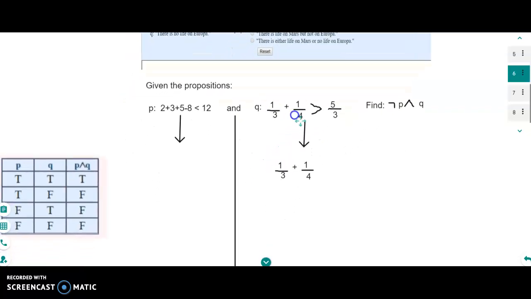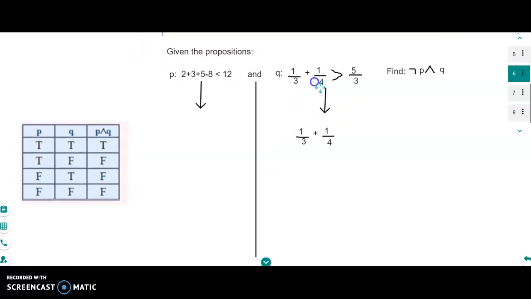Okay, now let's continue with some mathematical expressions which are really, really important. We're going to do it little by little, okay? So here we have the following proposition. The first one, we have the proposition P, and it says 2 plus 3 plus 5 minus 8 is less than 12, okay?